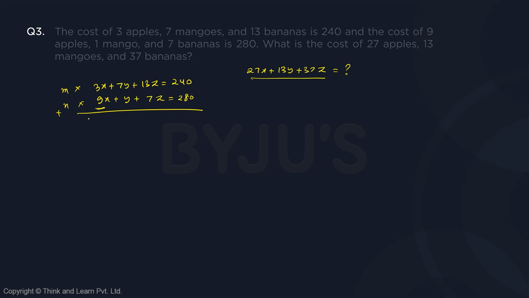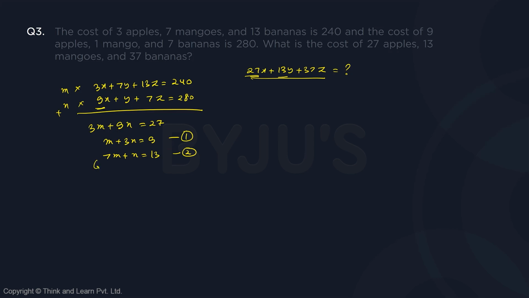The coefficient of x: 3m plus 9n should be equal to 27, or basically m plus 3n is equal to 9. That's your first equation. Coefficient of y will be 7m plus n, which is 13. Now you need to solve these two equations and then proceed further.